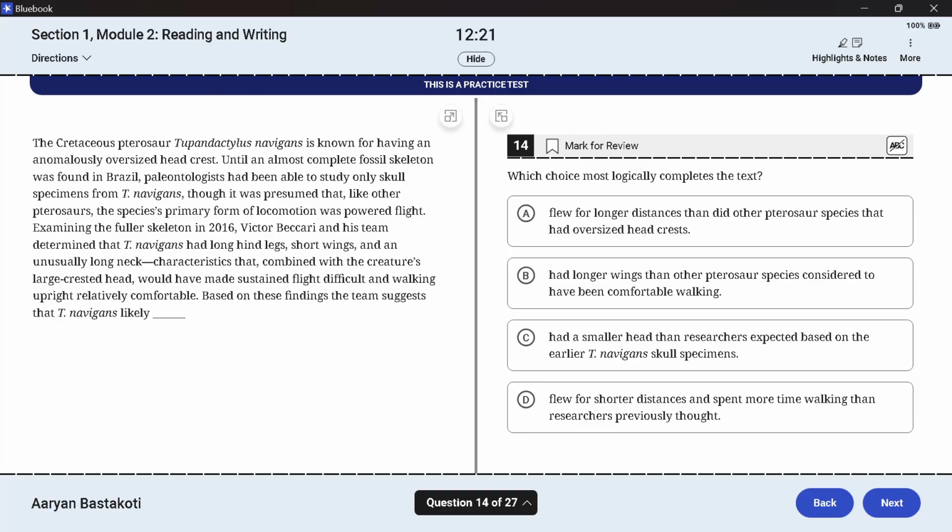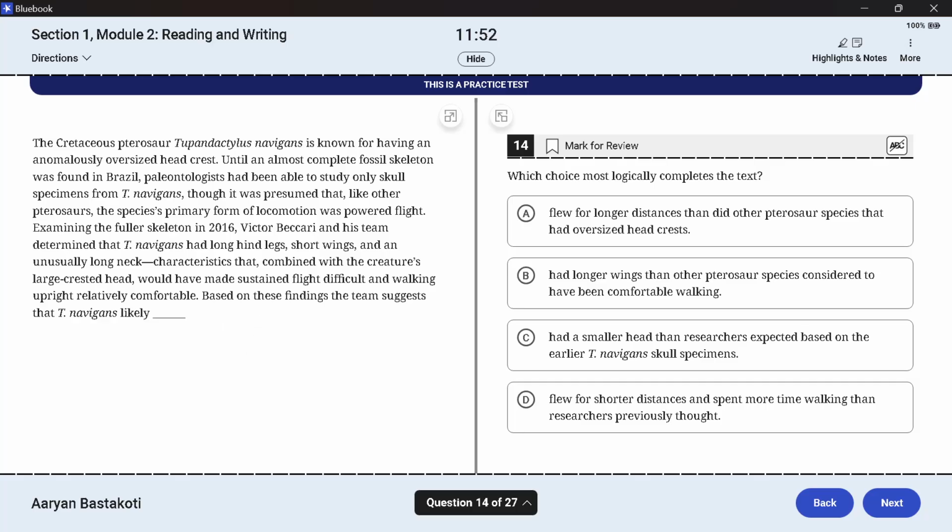Which choice most logically completes the text? The Cretaceous is known for having an anomalously oversized head crest. Okay, this is about dinosaurs.